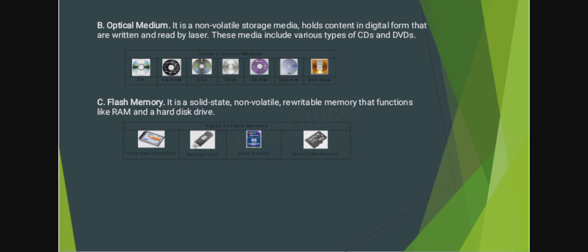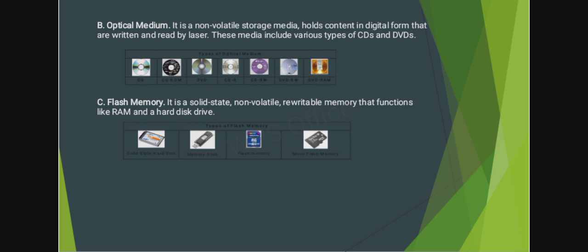Optical medium is non-volatile storage media that holds content in digital form that is written and read by laser. This media includes various types of CDs and DVDs. On your screen, here are the different types of optical medium.